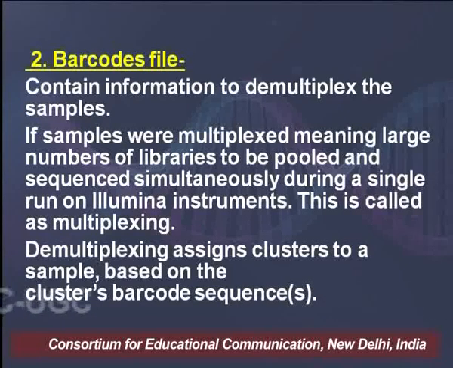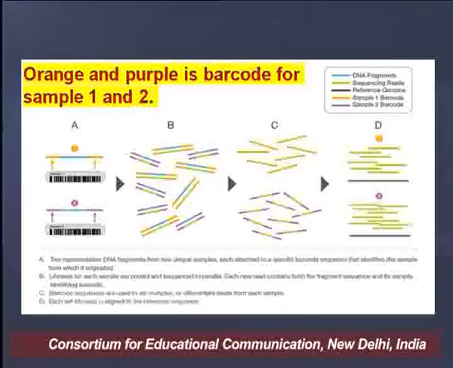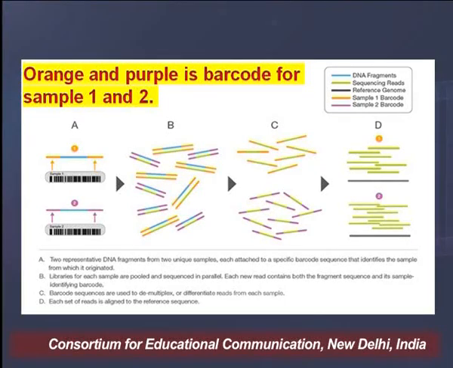To keep track of our samples, meaning which sequence is coming from which sample, we assign them, and this assignment is called demultiplexing. So the first step in sequence assignment should be to know which sequence is coming from which sample. This is called demultiplexing, and barcode files are able to tell you that. I took one example here showing how the sequences are amplified and multiplexed, meaning all of them are mixed together.